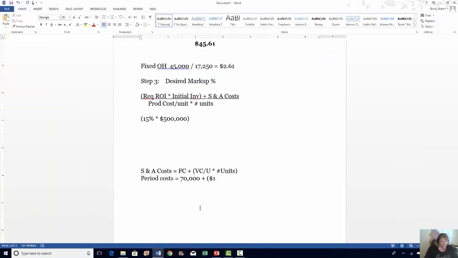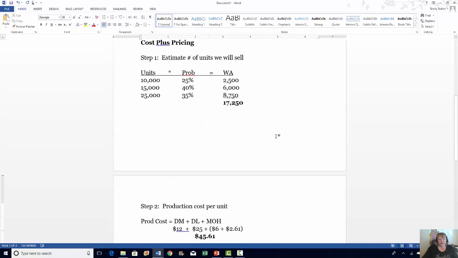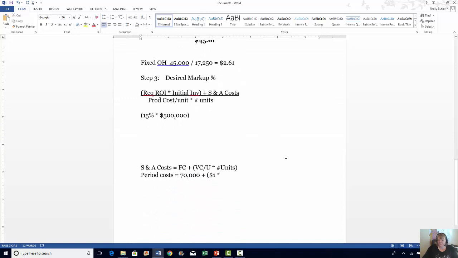$1 multiplied by the number of units, which again is the 17,250. And that's going to give us S&A of 87,250.